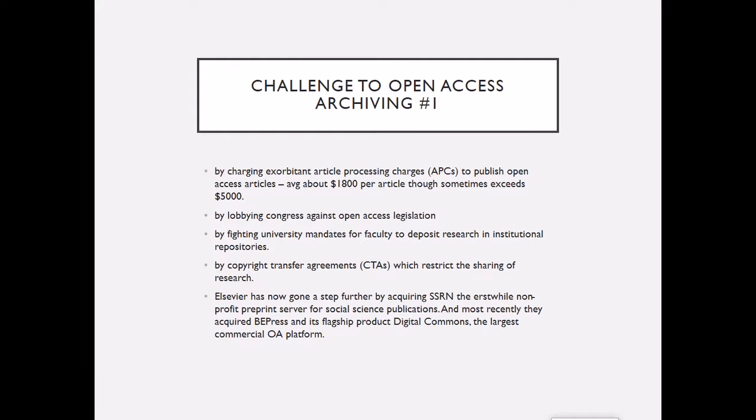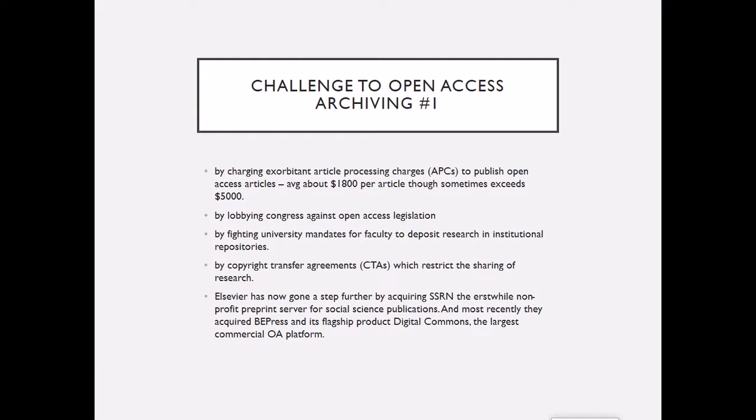So the various ways that they are pushing back against open access include these things called article processing fees. If you wanted to go to an Elsevier journal and make your article open access, many of their journals are what are called hybrid journals, where you can publish without paying anything. They'll publish it, but then it becomes a paywalled article where the only way to get to it is if you happen to be at a university that subscribes to it.